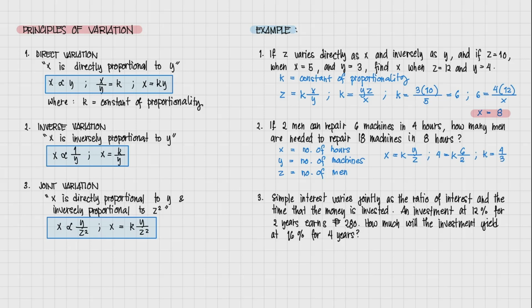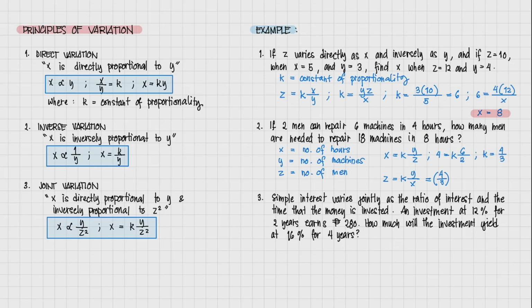From this equation, we can now solve the number of men that you'd need to repair 18 machines in 8 hours. So we could bring out our z. We're still using this equation, so z is equal to k times y all over x. Solving for z, our k is 4 over 3.